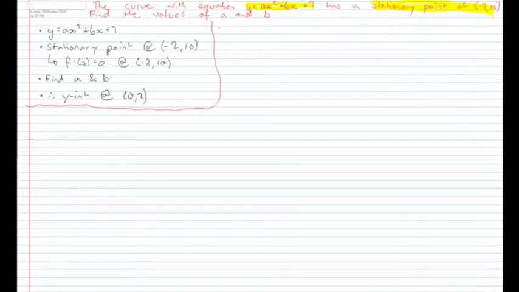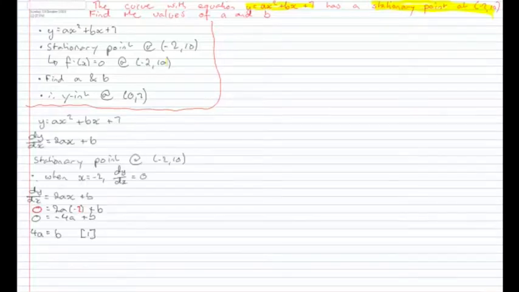Okay, now I'll go through and do the working out, and I'll explain it to you after. Okay, so I've used the first part of information here where it says the stationary point is at negative 2, 10. So I've got my equation here, y equals ax squared plus bx plus 7, and I've differentiated it, bringing 2 out the front, so you get 2ax, drop the power by 1, just gives you 1 plus b. Right, now because I know the stationary point is at negative 2, 10, I therefore know that when x equals negative 2, dy on dx is equal to 0.